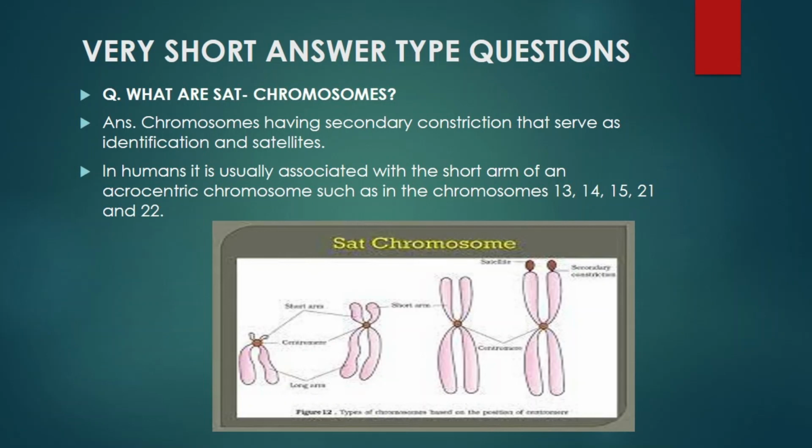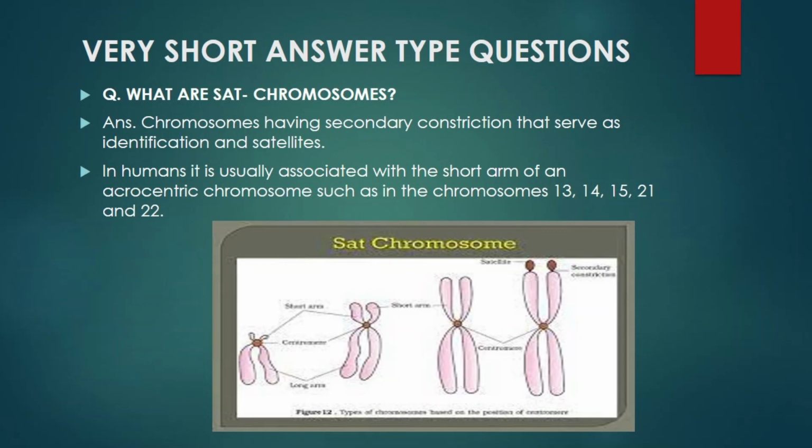are called SAT chromosomes. In humans, it is usually associated with the short arms of an acrocentric chromosome. You can see in the picture the short arms. We will go into detail regarding acrocentric chromosomes when we study chromosomes, and I will explain that then.